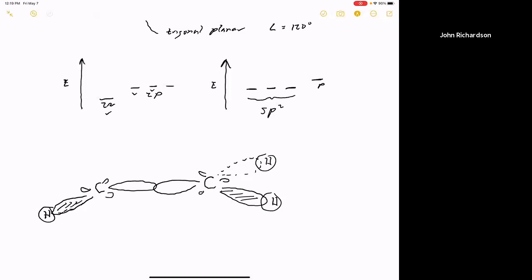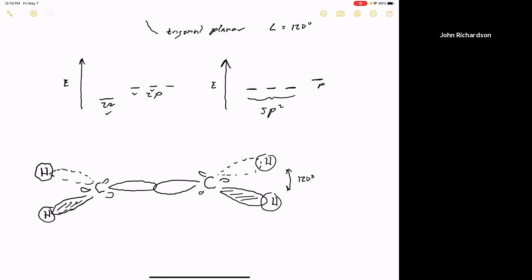And we have another one going back into the plane like this. Okay, so what you can see here is I've satisfied those 120 degree bond angles all the way around on both sides.